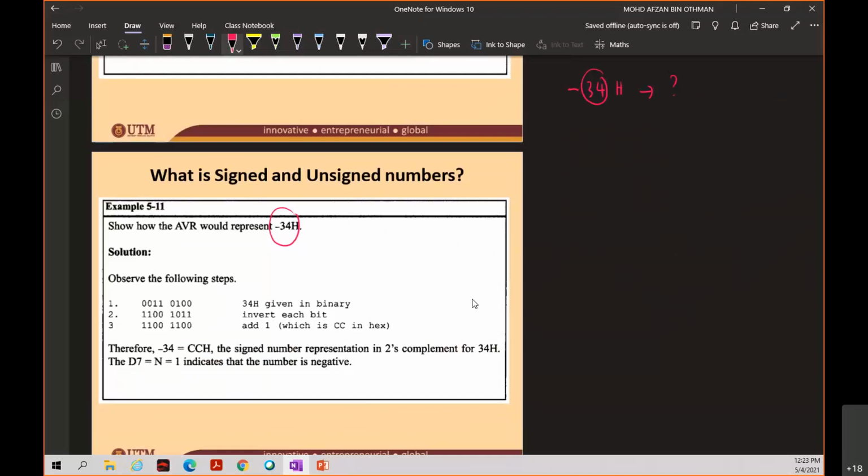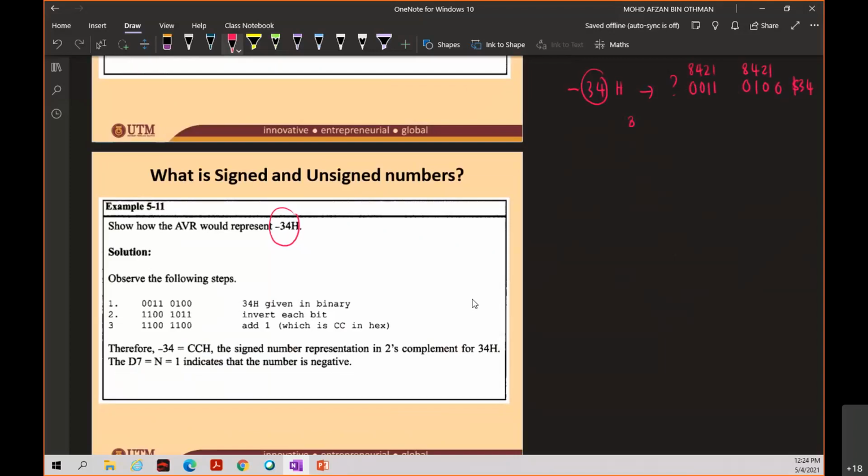Because this is hexadecimal, you can use the 8421 method to get the binary representation. 34 is 0, 0, 1, 1 for the 3, and for the 4 it is 0, 1, 0, 0.